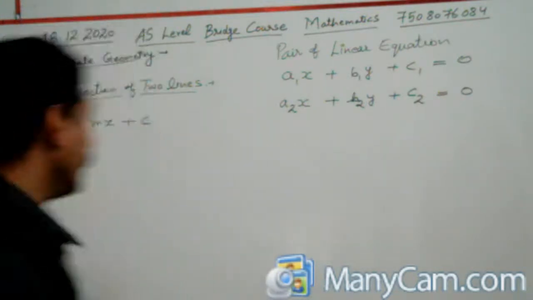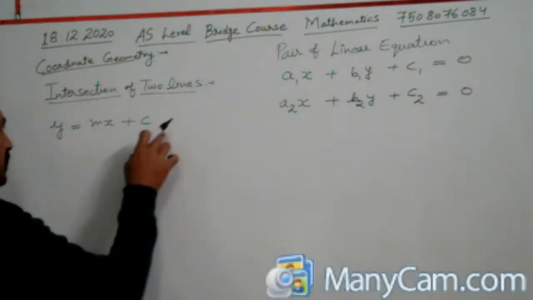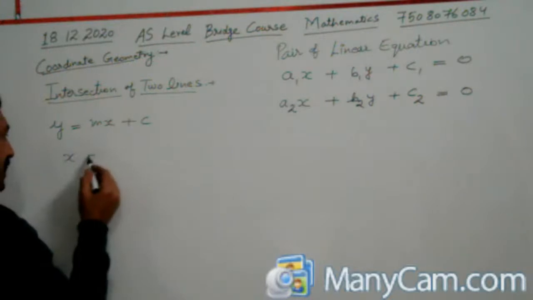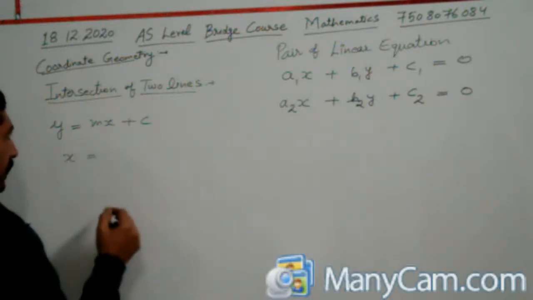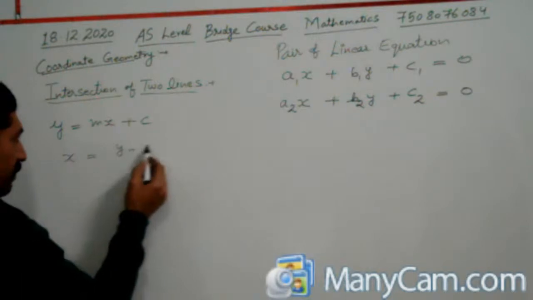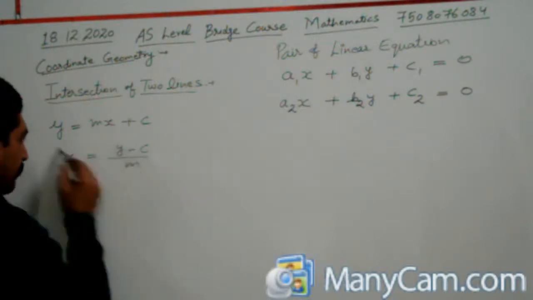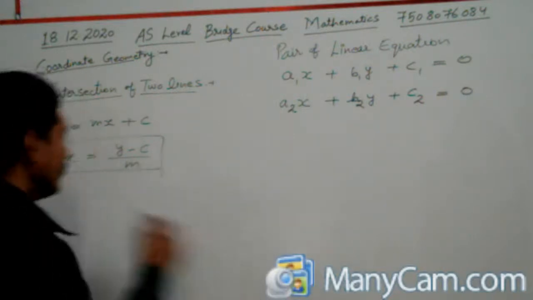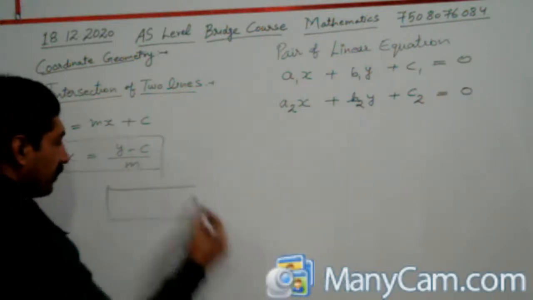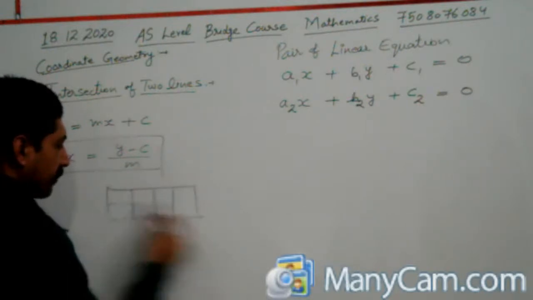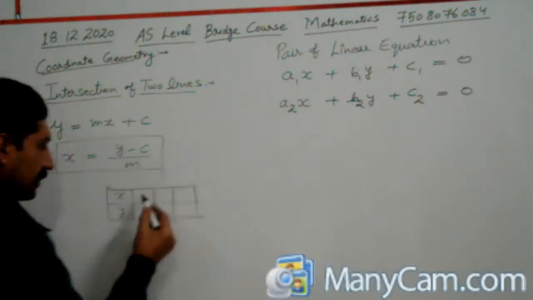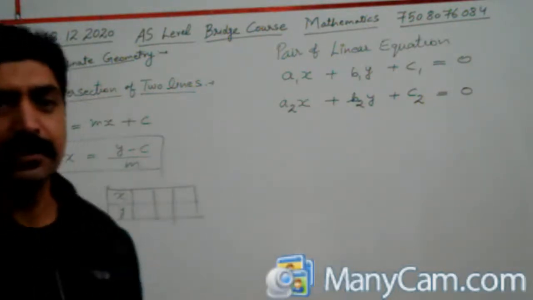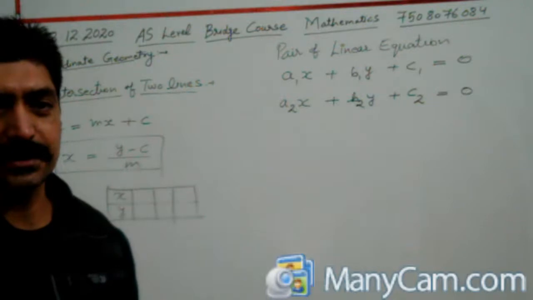We wrote either y in terms of x, or x in terms of y, where x is y minus c divided by m, right? And we made a table with the values of x and y, and after plotting these points on the graph, we drew the lines, right?